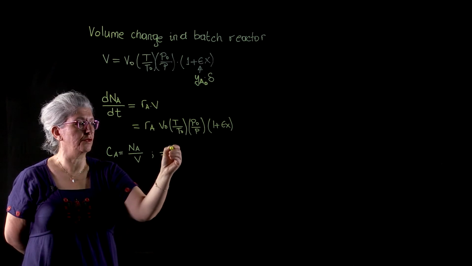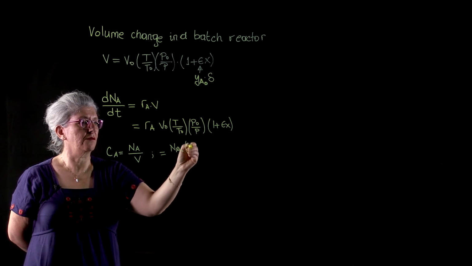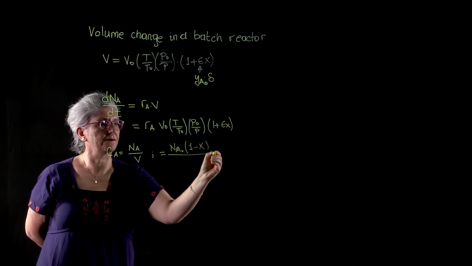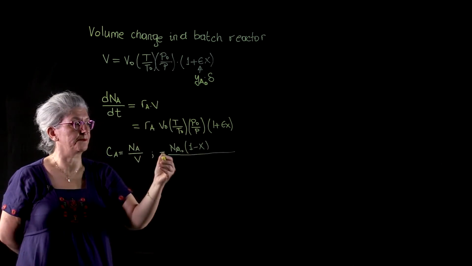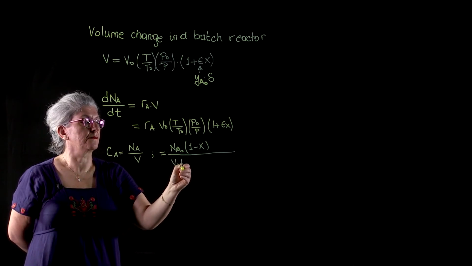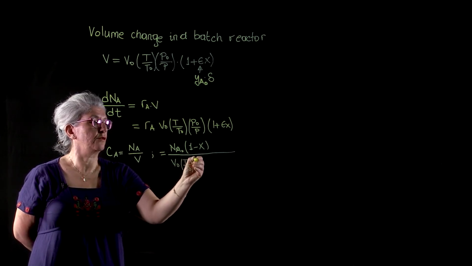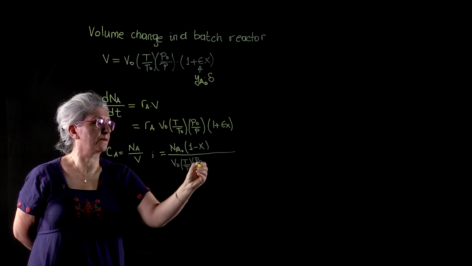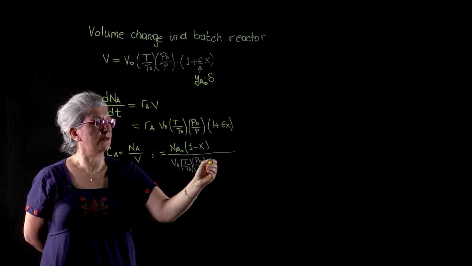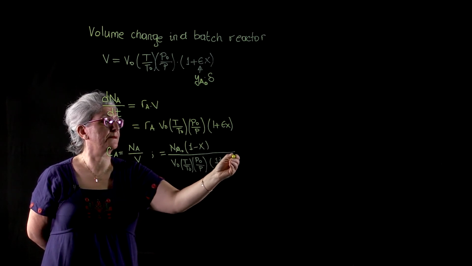So this is equal to Na0 times 1 minus x divided by this V: V0, T over T0, P0 over P, times 1 plus epsilon x.